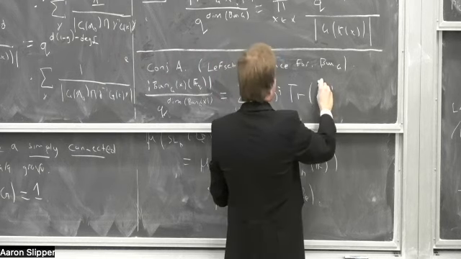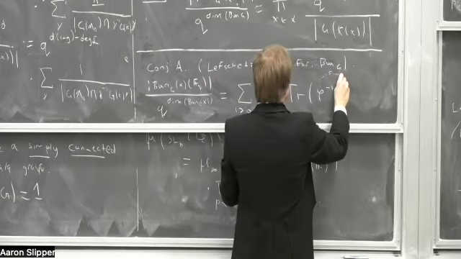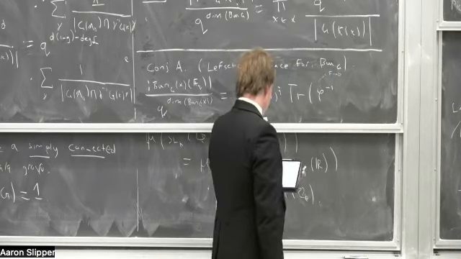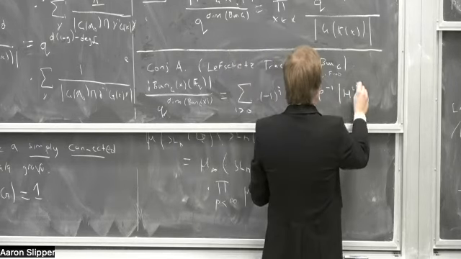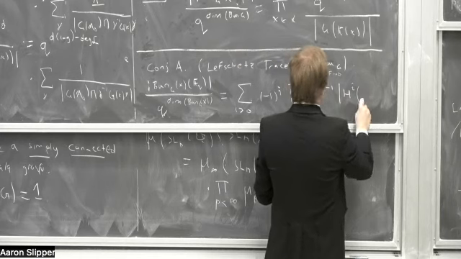So phi means Frobenius. That's small, so don't make too much space. Acting on the usual, not compactly supported, cohomology groups.